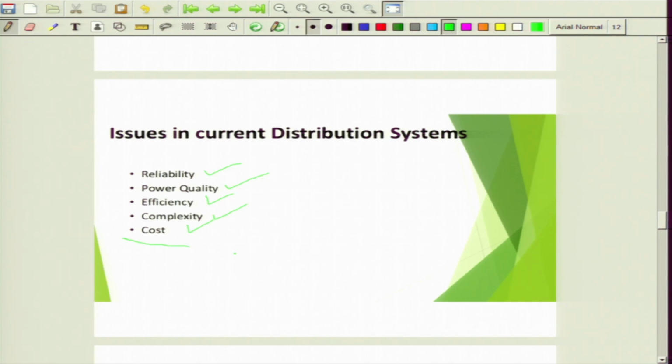So, ultimately everybody looks forward to reduce their operation and maintenance costs. So, in this regard also a distribution system is always interested to reduce the overall cost of the operation, right.